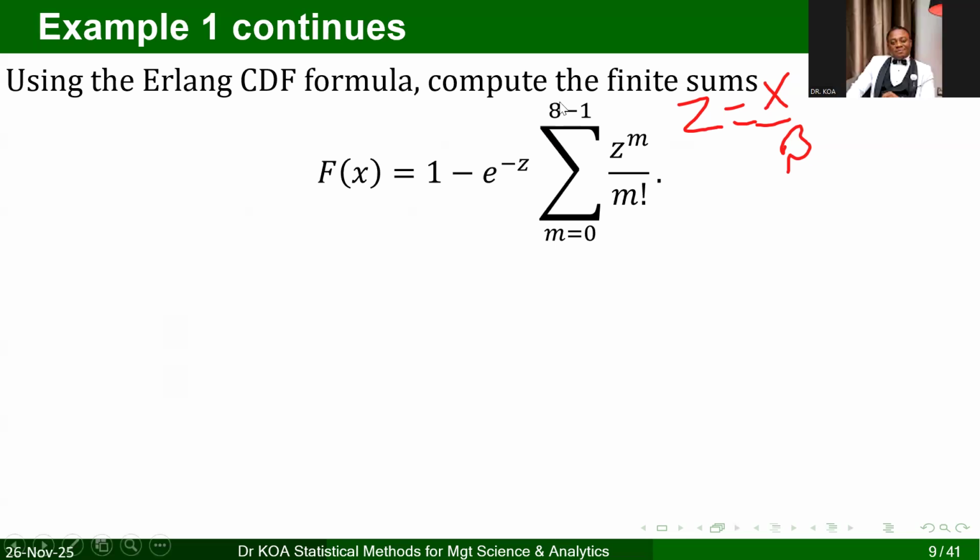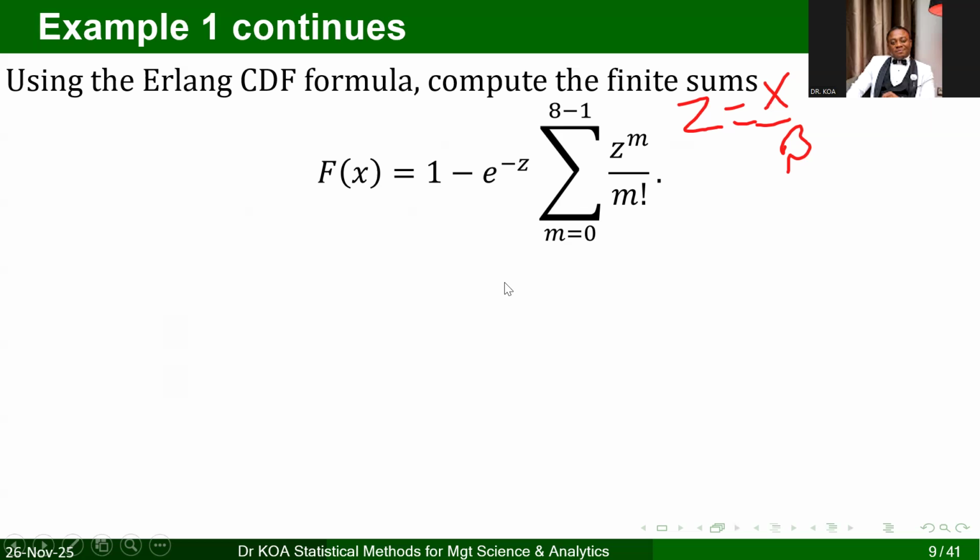So that's 8 minus 1, so it goes all the way from 0 to 7. And then you have z raised to the power m. The m is each one that you are finding at that point, each of those cumulative values. So if I'm doing for 0, m will be 0. If I'm doing for 1, m will be 1. If I'm doing for 2, m will be 2. Okay, and then do the calculation.